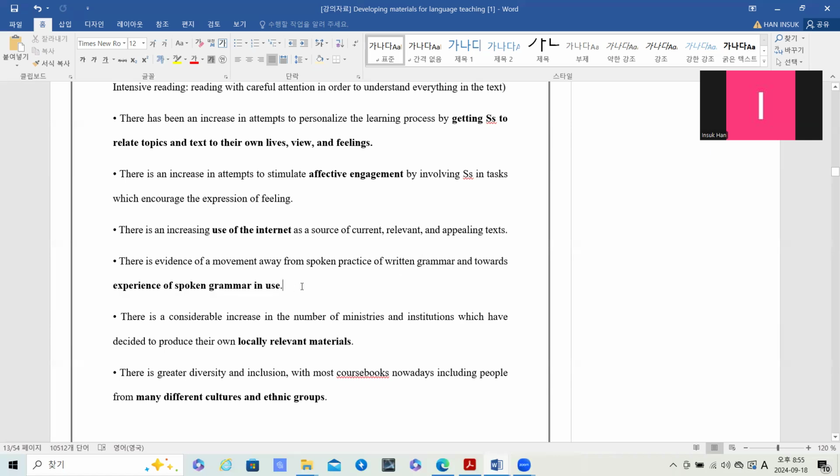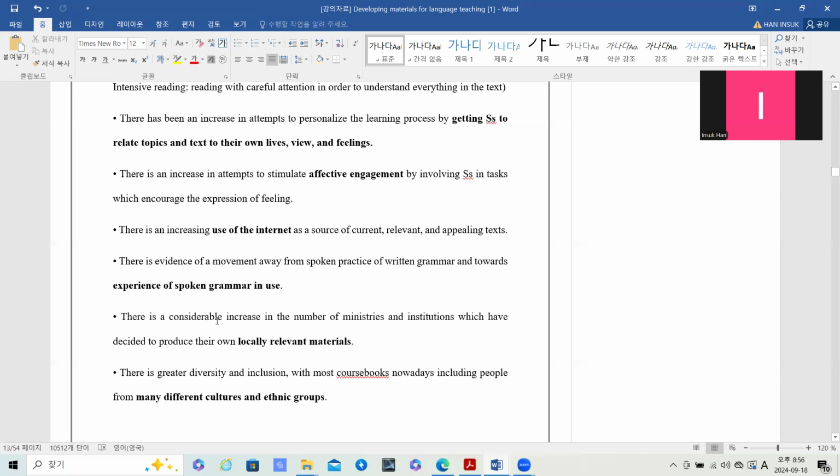They may not recognize what they learn as grammar, but they simply use it repeatedly. They may feel how they use the expressions or how they understand the expressions.